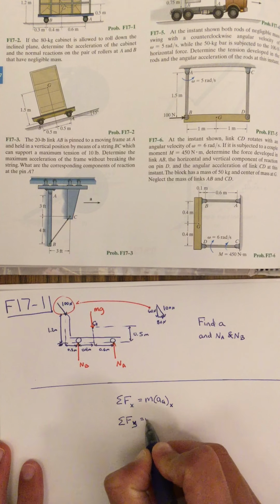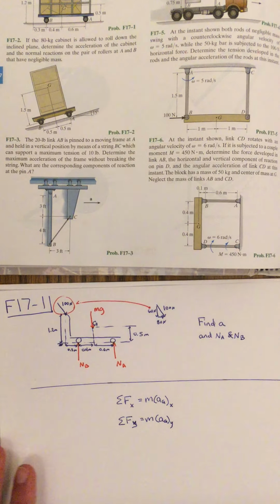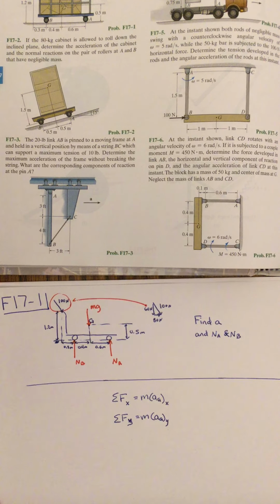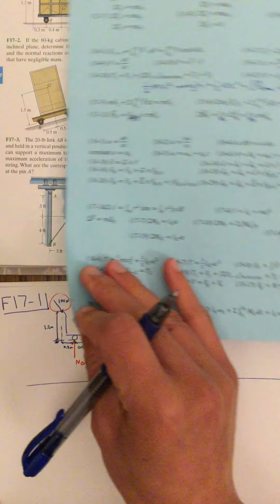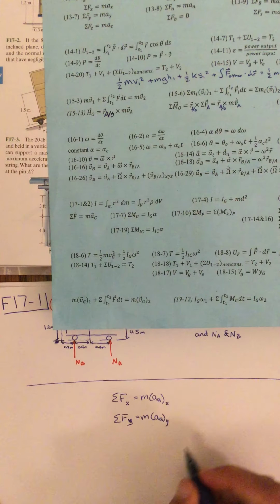And the sum of the forces in the y direction is equal to mass times the y component of the acceleration of the center of mass. And we are going to use here also equation 17-7.